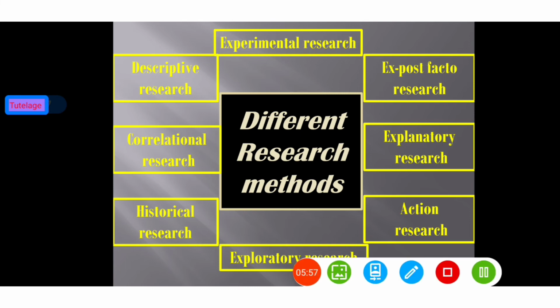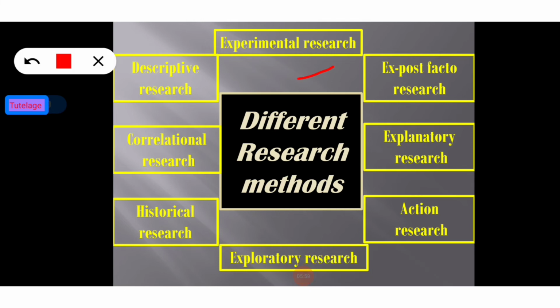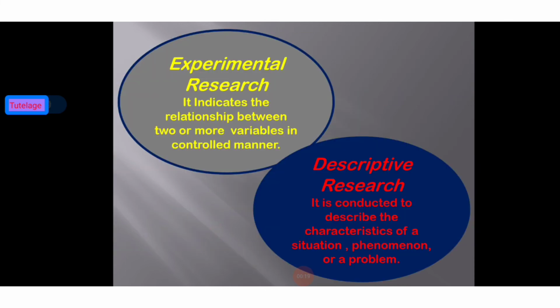So first one is experimental, second one descriptive, third one is action research, and fourth one is historical research. So here we can see experimental research. So basically experimental research indicates the relationship between two or more variables in controlled manner.